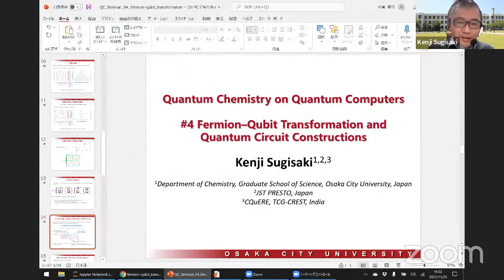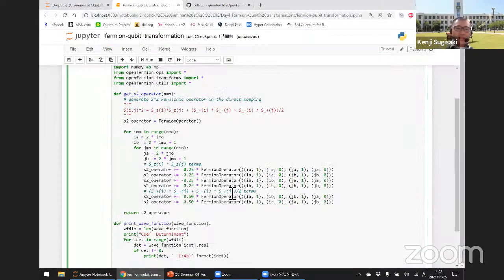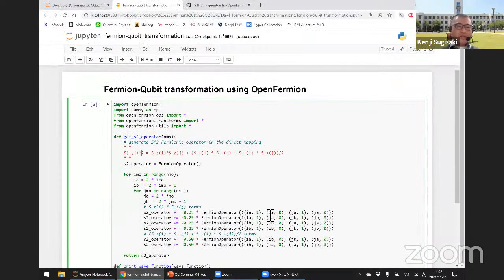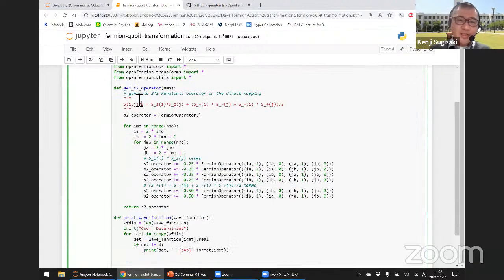Let me demonstrate the Fermion-qubit transformation using OpenFermion. In this case, I will discuss the generation of the S-square operator. The S-square operator can be defined as shown here, S minus S plus plus S z, S z plus 1, divided by 2.